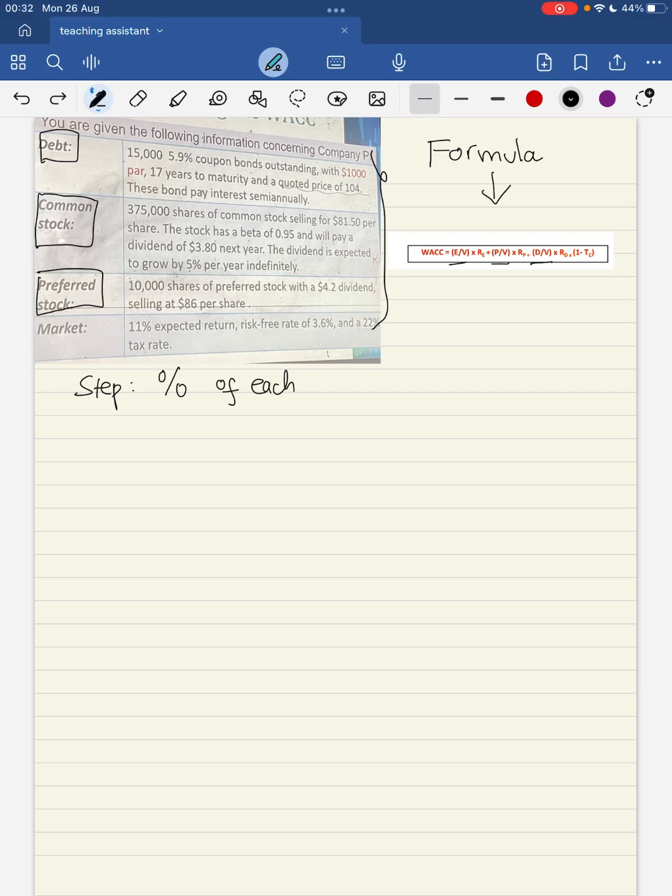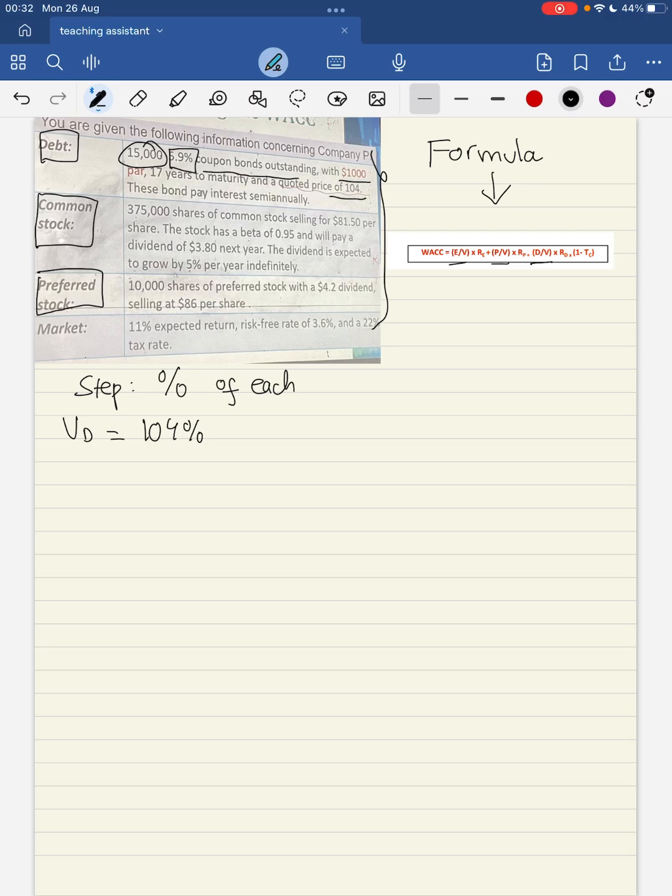As we can see, this company has 15,000 5.9% interest rate coupon bonds outstanding with $1,000 par, 70 years to maturity and a quoted price of 104. And these bonds pay interest semi-annually. How do we compute the value of debt? So the value of debt will be equal to 104%, which is the quoted price.